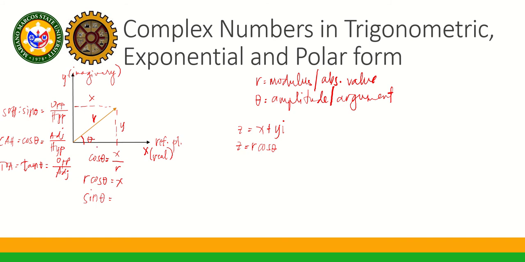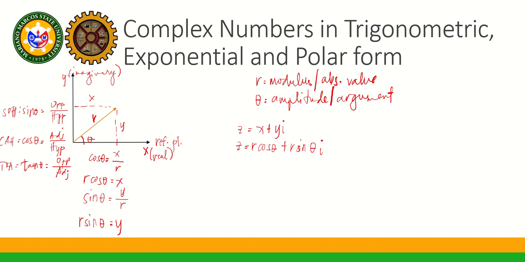What is the opposite? So opposite ng angle natin will be y over our hypotenuse, which is r. And gaya ng ginawa natin kanina, we cross-multiply si r dito to get the value of y. So our y is equal to r sine theta, and then multiply natin si i.